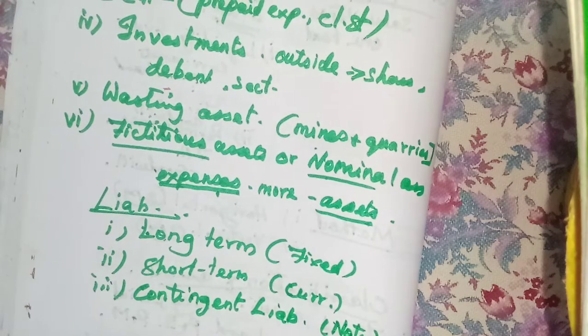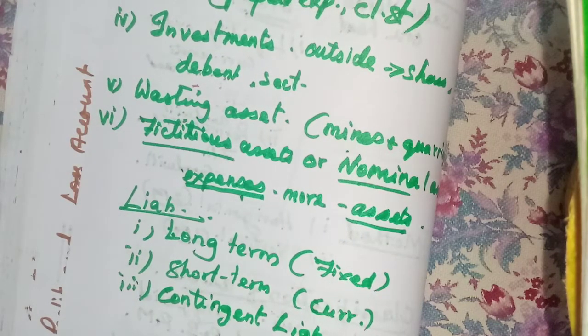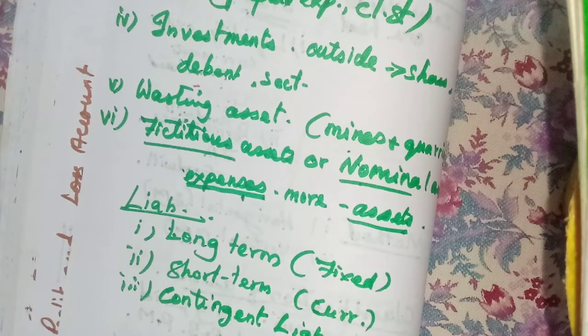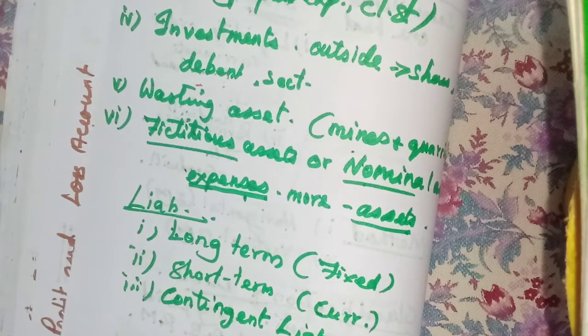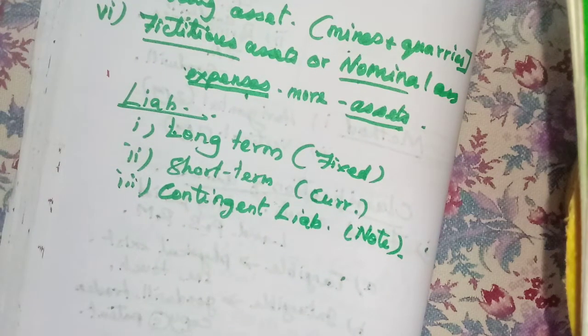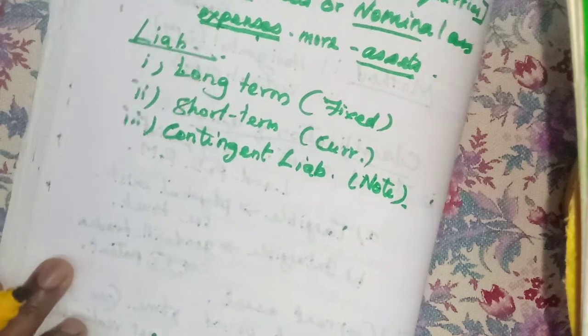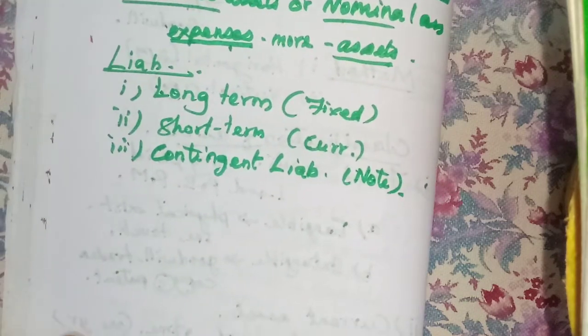For example, if a bill discounted is dishonored, then they have to pay some amount to the bank. That is one liability. Or if there is a case in a court of law against the firm, then the firm has to pay some amount as compensation, isn't it? So that is also a liability.